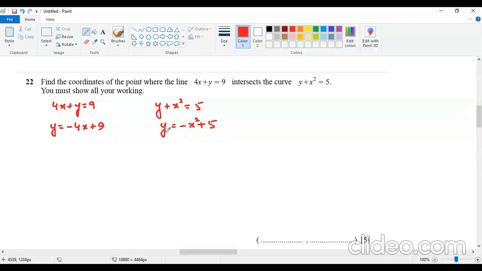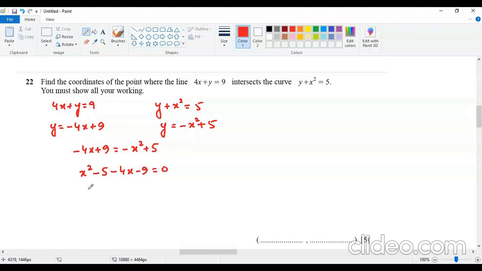Now we compare, because both the values are for y, that means the other parts are also going to be equal. Minus 4x plus 9 equals minus x square plus 5. So I want to make x square positive. I'll bring x square to the other side, and minus 5, and minus 4x plus 9 equals 0.